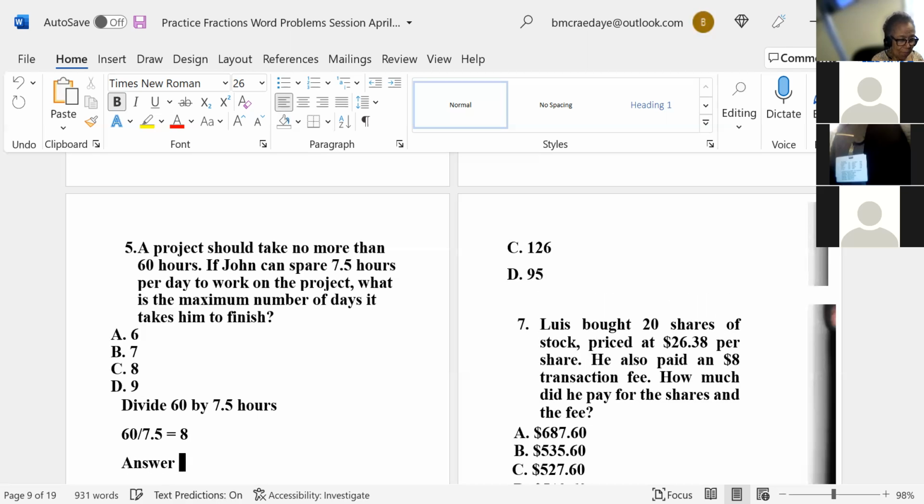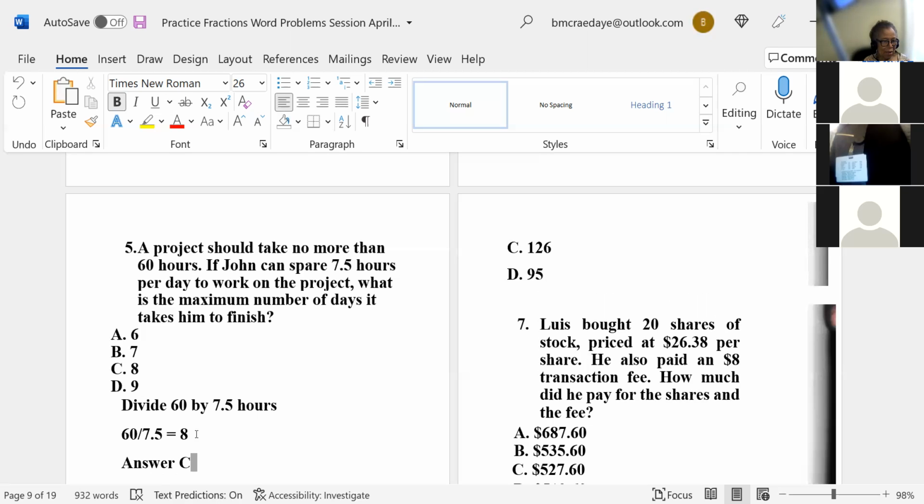Answer C. They gave you A 6, B 7, C 8, and D 9. So the answer would be C. It's multiple choice. Questions? No, thank you.